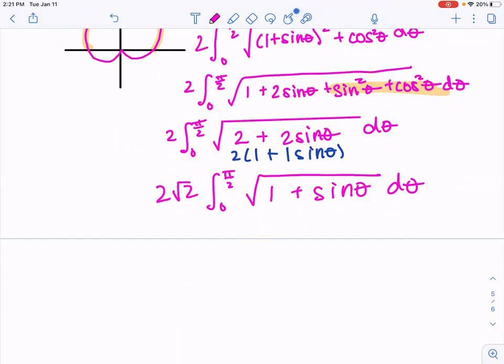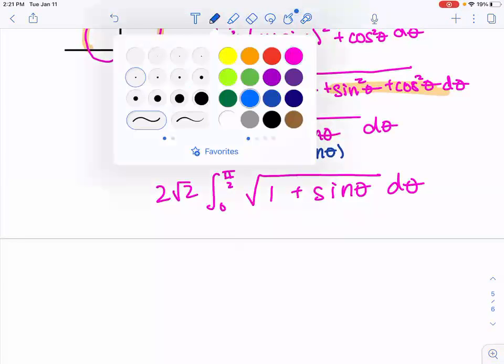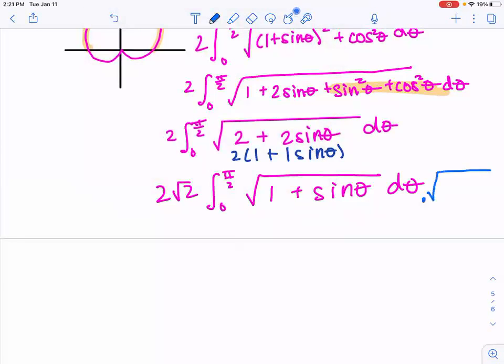So if 1 plus sine is underneath the radical, we could multiply by what to force our Pythagorean identity? 1 plus sine theta times 1 minus sine theta would give us 1 minus sine squared.